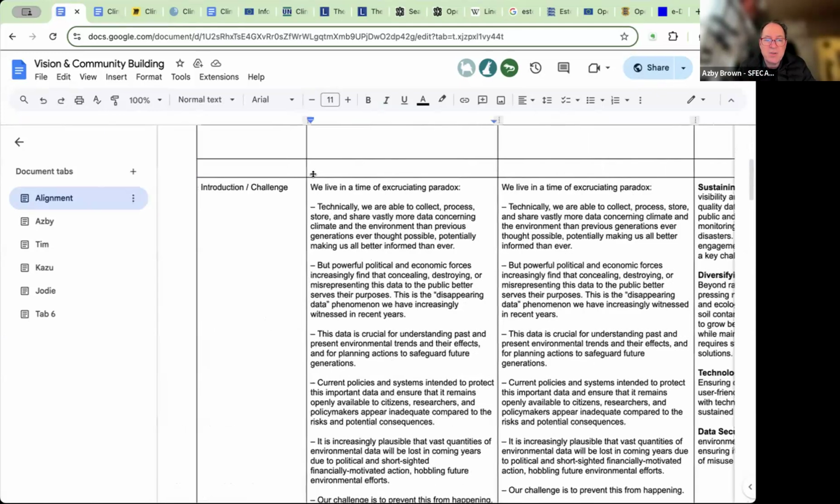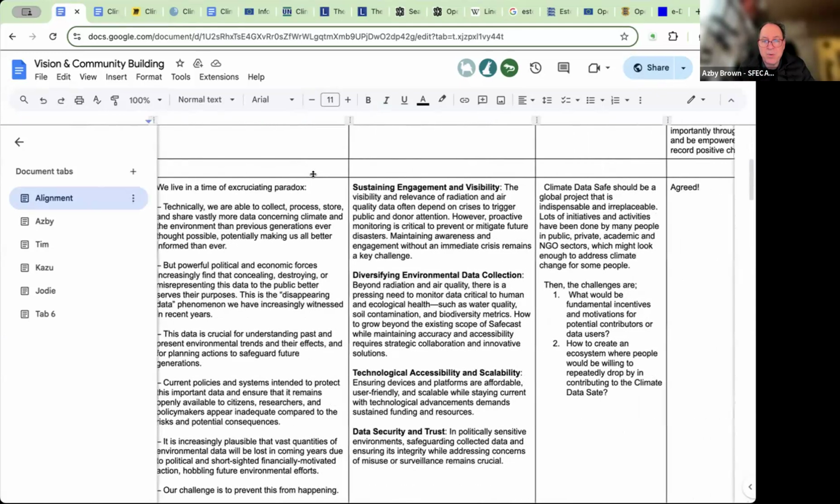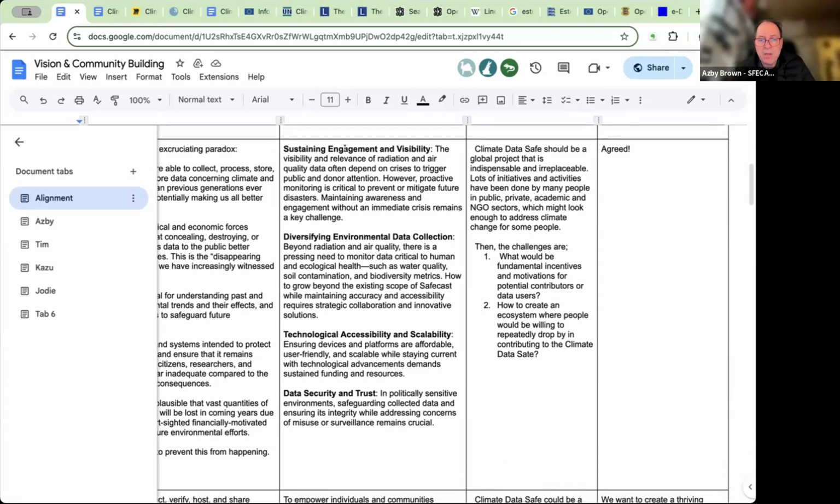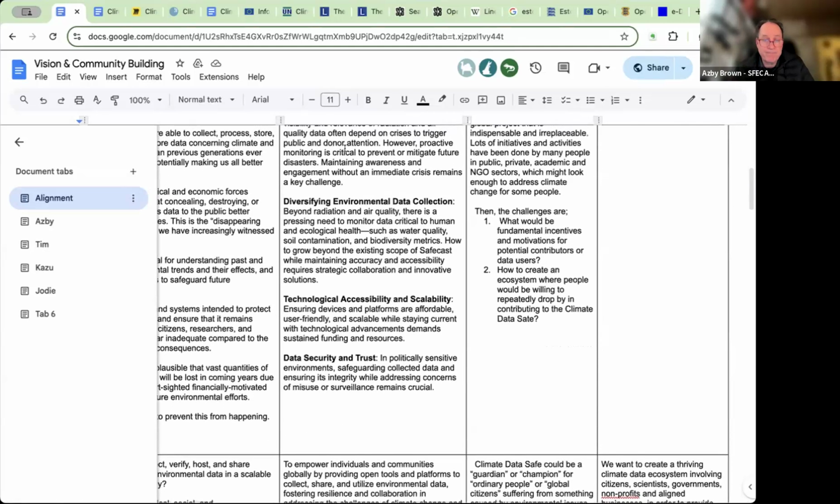The next part is the introduction challenge point, sustaining engagement and visibility. The visibility and relevance of radiation and air quality data often depend on crises to trigger public and donor attention. However, proactive monitoring is critical to prevent or mitigate future disasters. Maintaining awareness and engagement without an immediate crisis remains a key challenge.